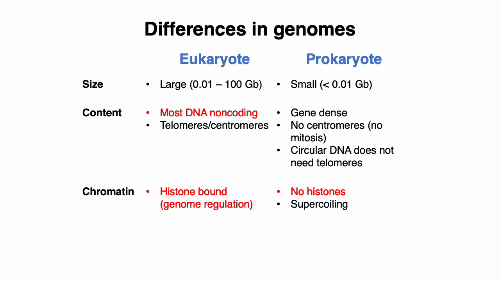Later on in the epigenomics lecture, we'll talk about how histone modifications and histone positioning can affect gene regulation. In prokaryotic genomes, there are no histones, so generally speaking, they are much simpler in terms of their organization and gene regulation.